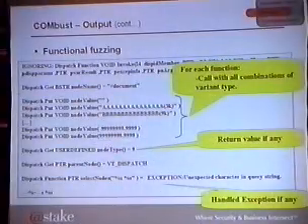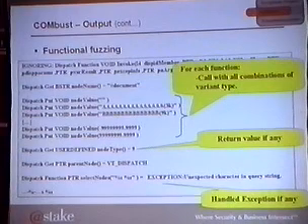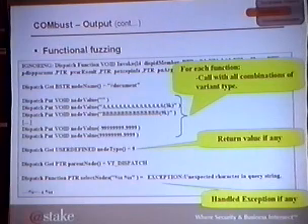The last part of combust is functional fuzzing. For each function, it will display whatever it's trying. In that example, the first one, ignoring dispatch function invoke. Invoke is a COM framework function.